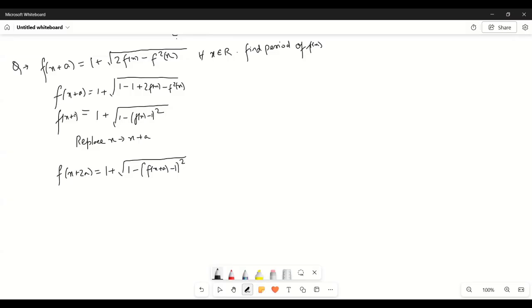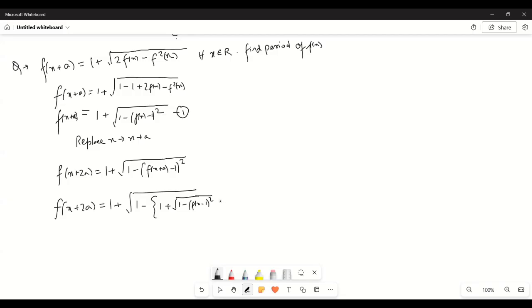But if we back substitute f of x plus a from the original question, मतलब the previous statement, जैसे if this is 1, तो 1 को अगर back substitute करेंगे, तो we get f of x plus 2a is 1 plus root over of 1 minus. अच्छा, f of x plus a का वैल्यू क्या है? 1 plus root over of 1 minus f of x minus 1 whole square.